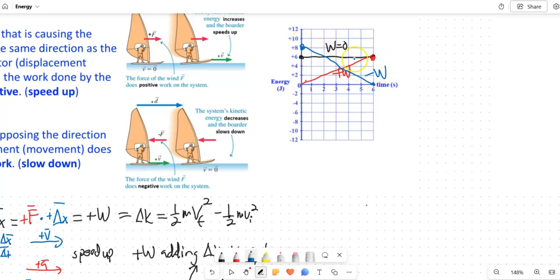When there is a slope in an energy versus time graph, there's an outside force either adding to that or taking it away. However, when there is no change in energy, then the work done is 0. So that's another way of interpreting energy.